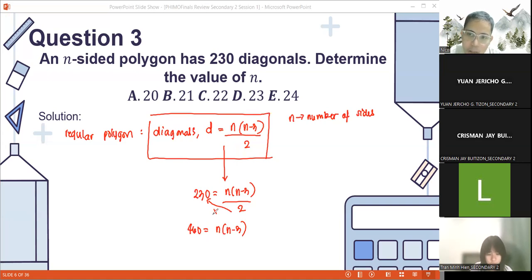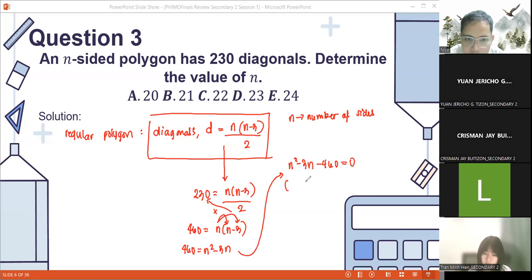In this question, you can do your quadratic equation. Let's distribute n, so this becomes 460 is equal to n squared minus 3n. Equating this to 0, we get n squared minus 3n minus 460 is equal to 0.